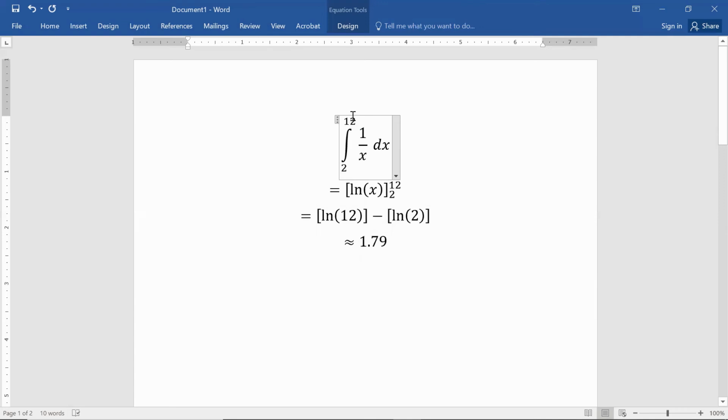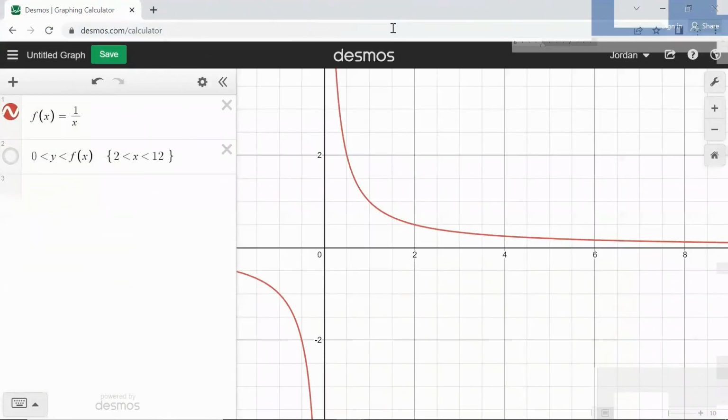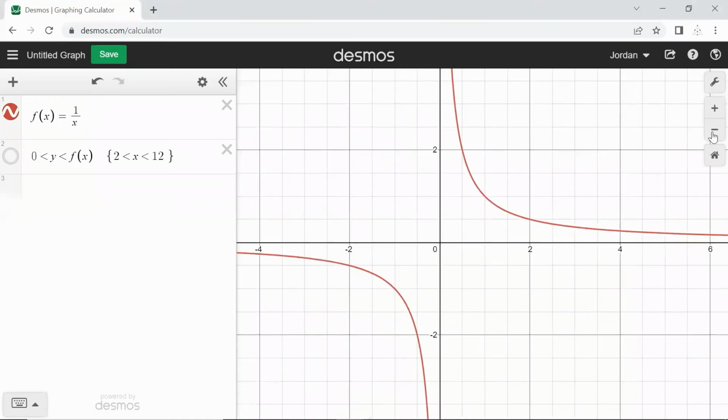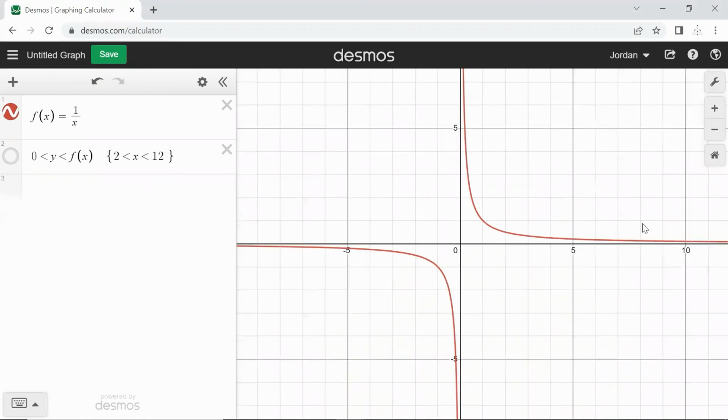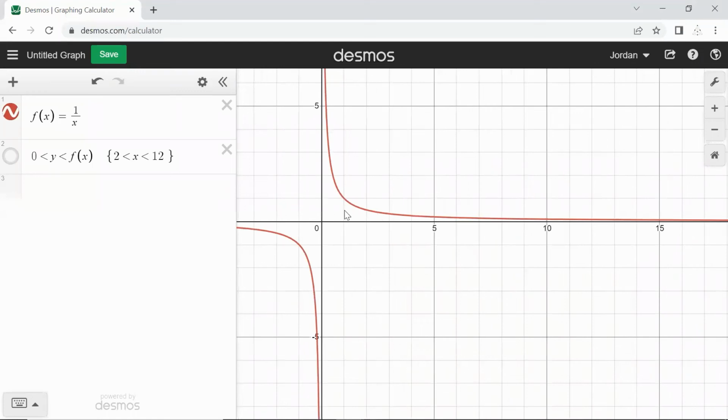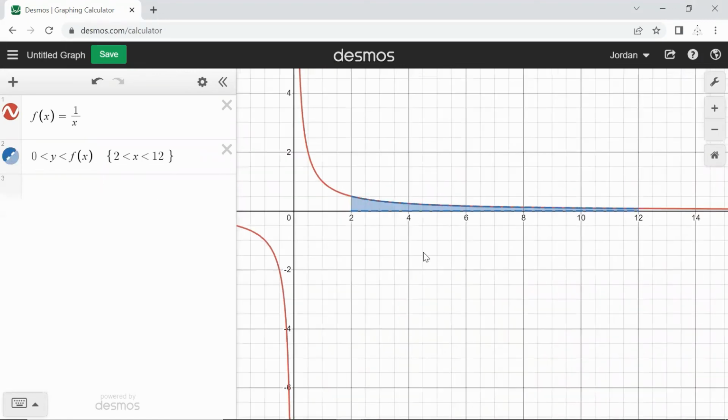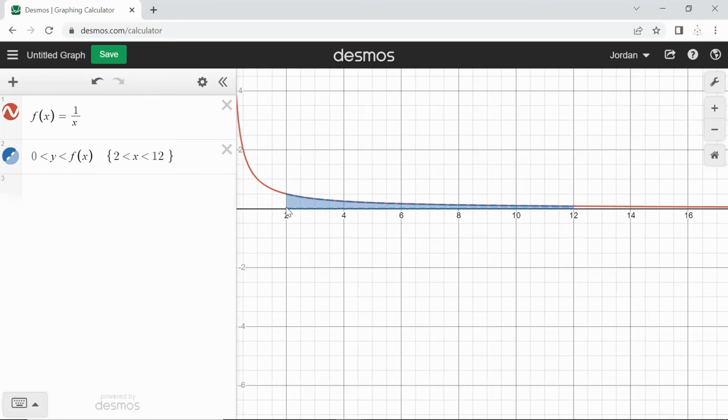Let me show you a visual of that real quick. I have graphed the 1 over x function. I put f of x equals 1 over x. Here it is. Notice we have an asymptote at 0. But our x values are between 2 and 12. What I'm looking at in terms of signed area is this signed area between 2 and 12.